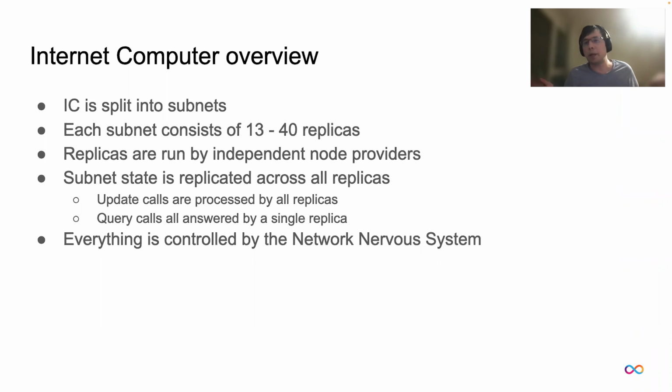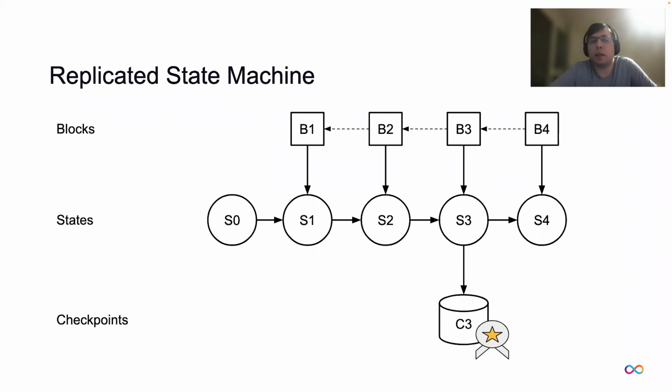But because it's replicated, it means that any update call that changes the state has to be processed by all the replicas, while query calls that don't change the state can just be answered by one of the replicas. And of course, at the end, everything is controlled by the network nervous system, including what replicas are in what subnet and what software version runs on these replicas.